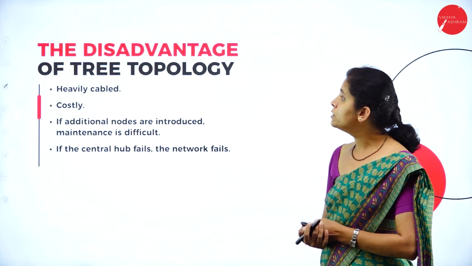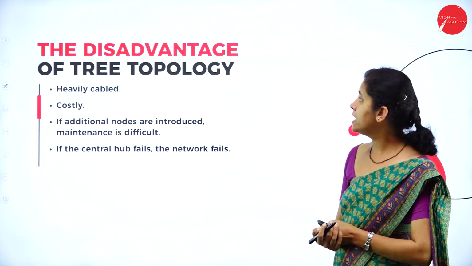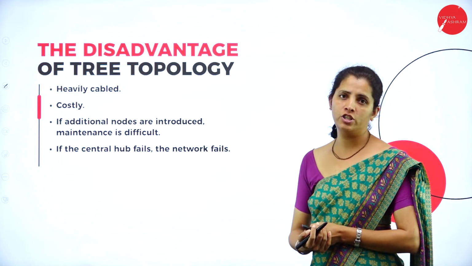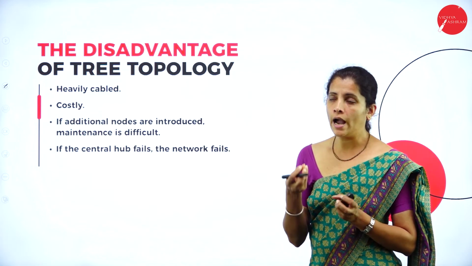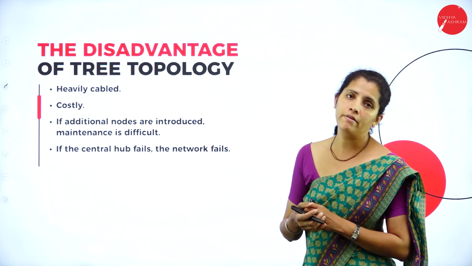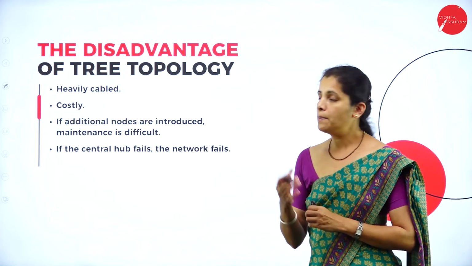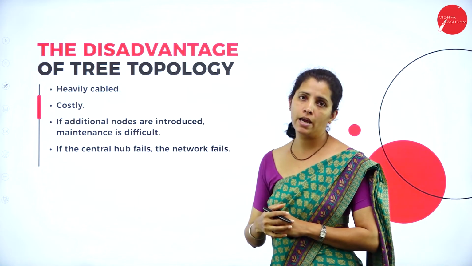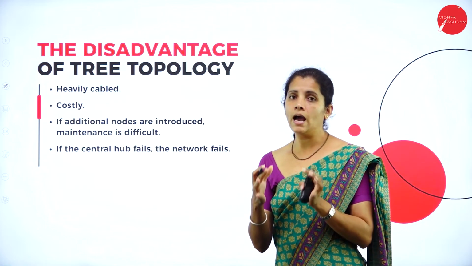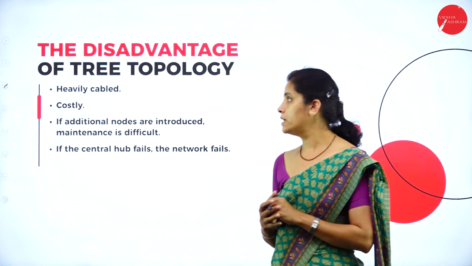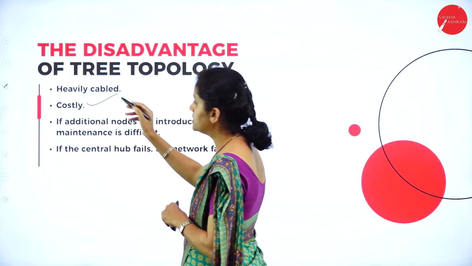Now let me discuss the disadvantages of tree topology. To make a tree topology, I must have heavy cabling. For the cable, I require more money, so it is costly.